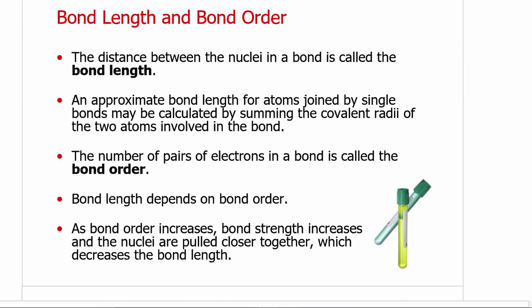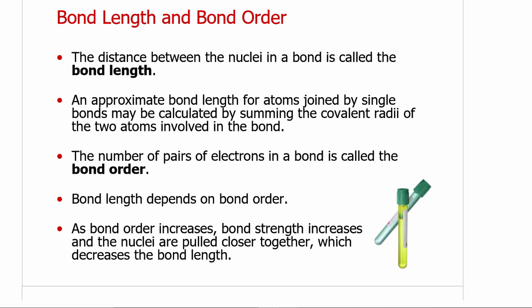An approximate bond length for an atom joined by single bonds may be calculated by summing together the covalent radii of the 2 atoms involved in the bond. So when we were talking about those atomic radii the other day, if you were to measure the distance from the nucleus of one to the nucleus of the other, you wind up finding what that bond length is going to be.